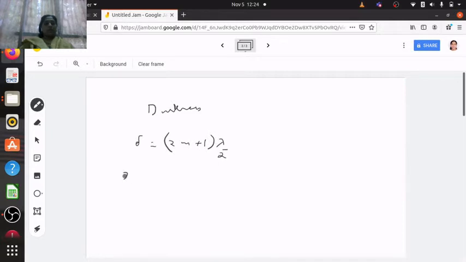That means 2nt cos r is equal to 2m lambda by 2, which is m lambda.